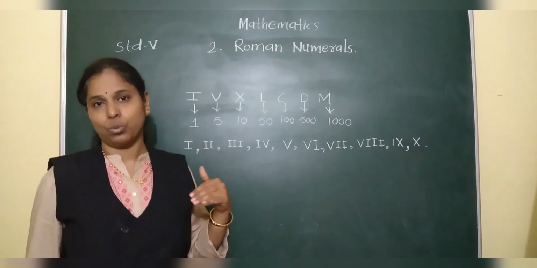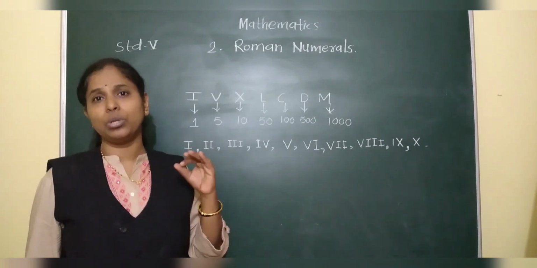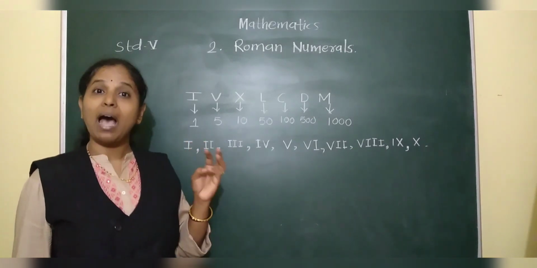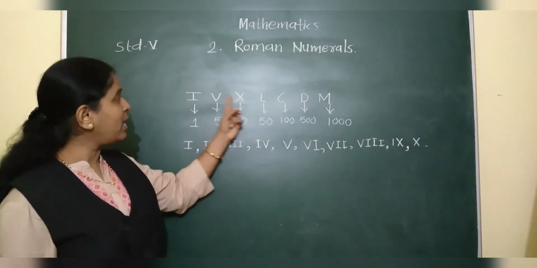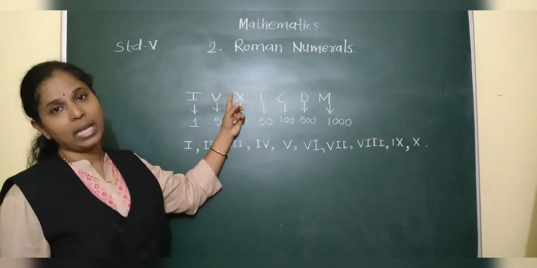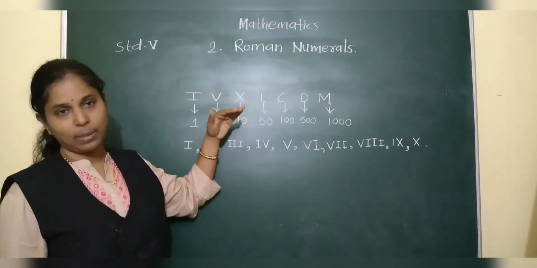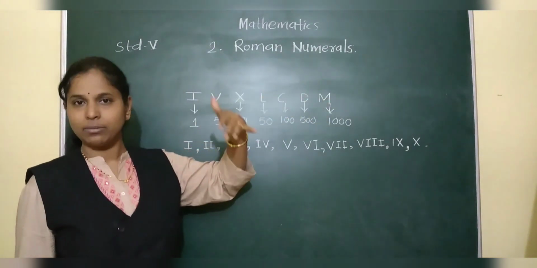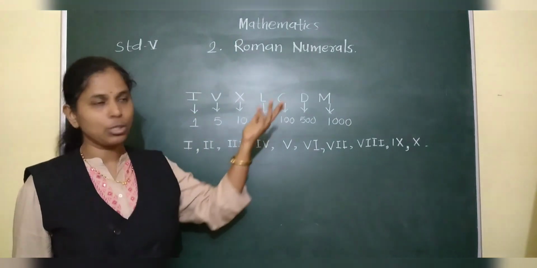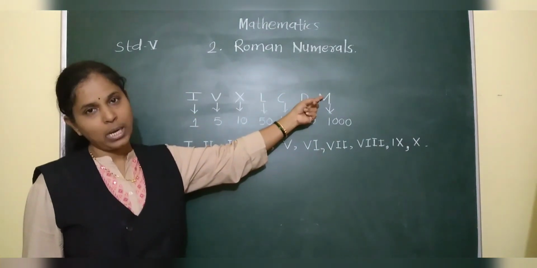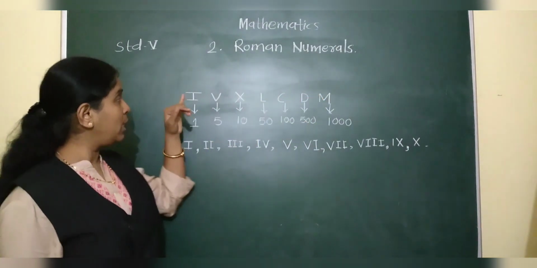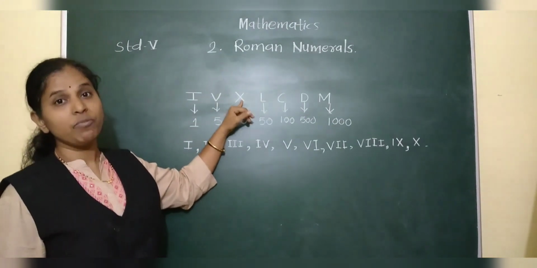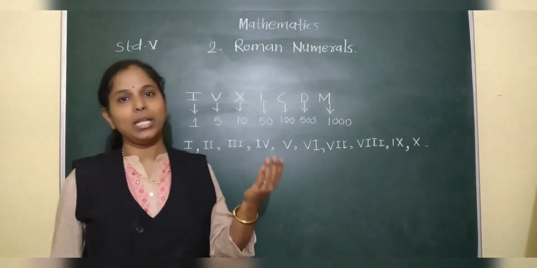Whereas X also, we can repeat only 3 times. Only I and X, these symbols we can repeat a maximum of 3 times. And M, we can write many times, more than 3 times also we can use the symbol M. But only I and X are the symbols which we can repeat up till 3 times.